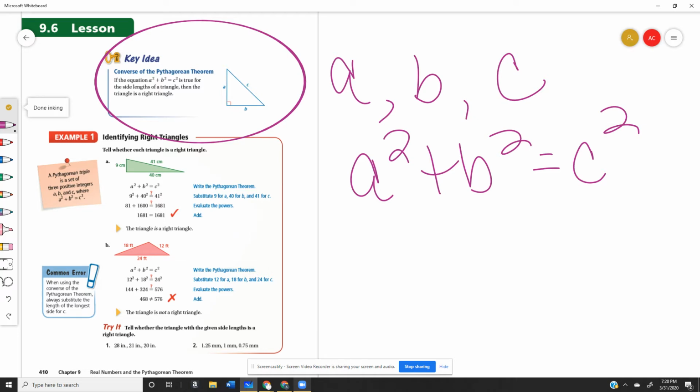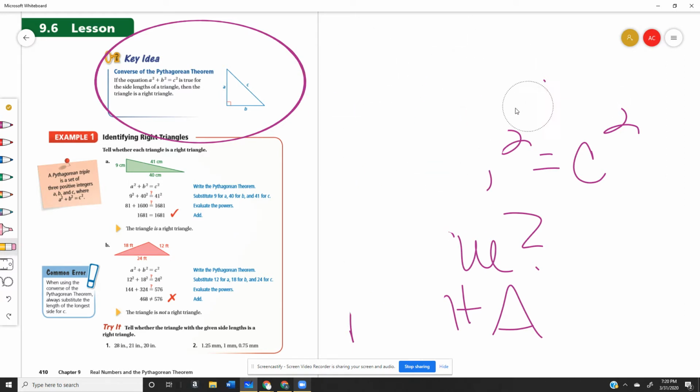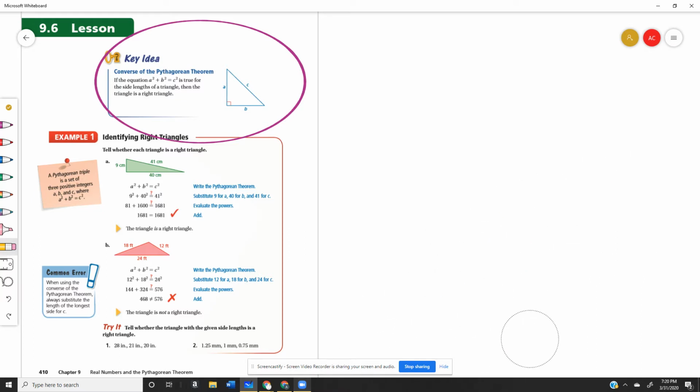And if this is true, then it's a right triangle. If it's not true, then it's not a right triangle. And that's basically all that the Pythagorean theorem is. It's just basically saying if a squared plus b squared equals c squared, then you have a right triangle.